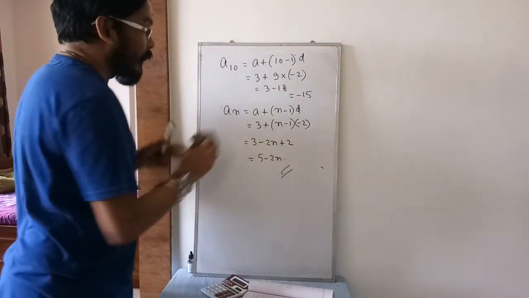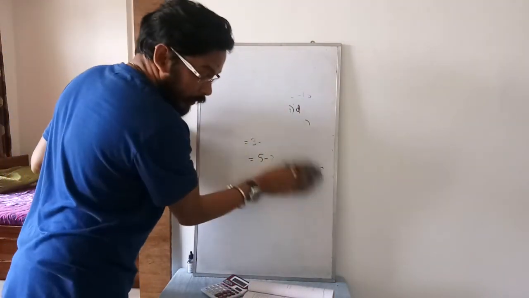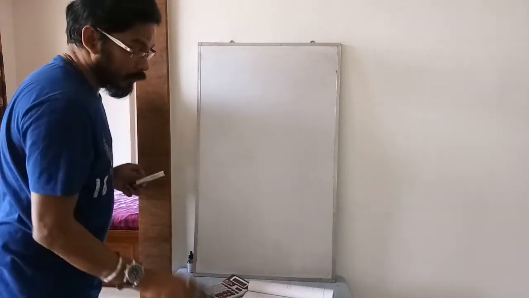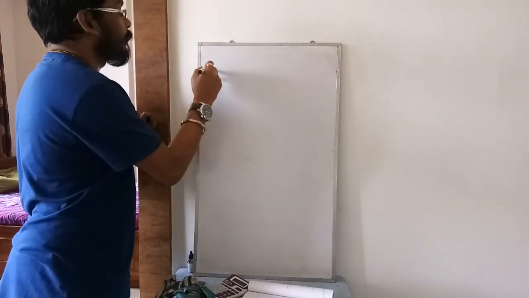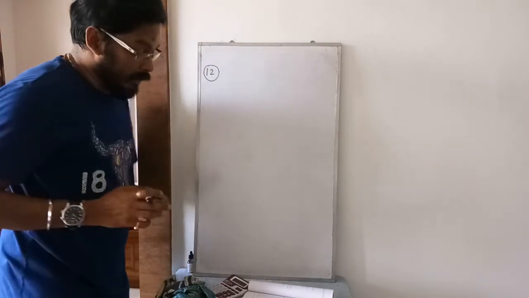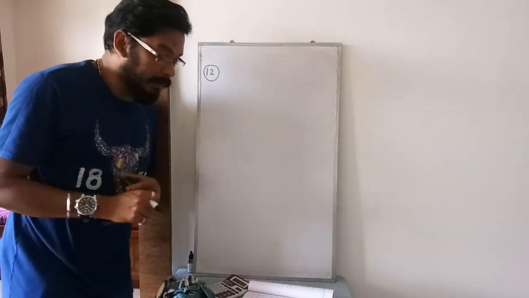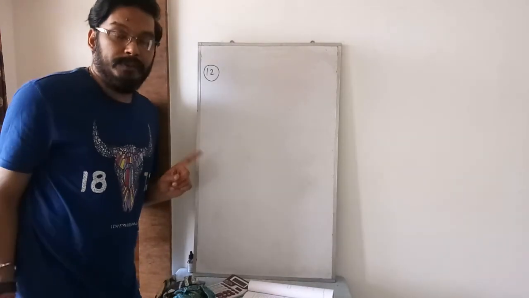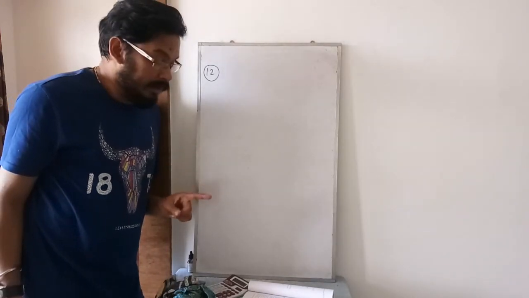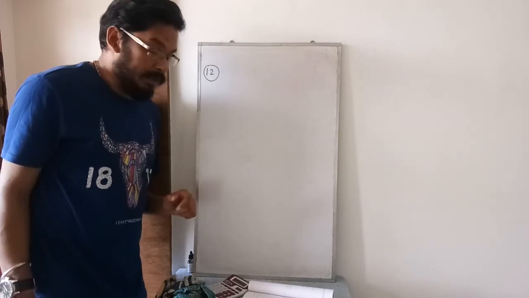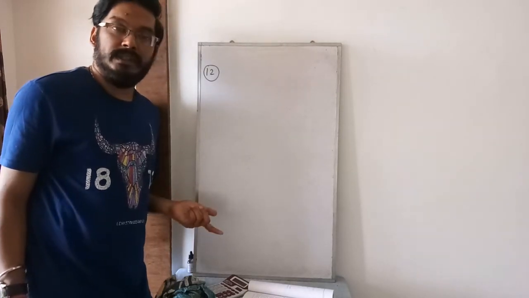Clear? Now I will go for question number 12. Question number 12. What did they say? Find the sum of first 40 positive integers divisible by 6. So the first positive integer divisible by 6 is 6.